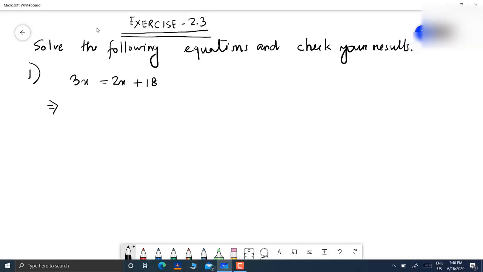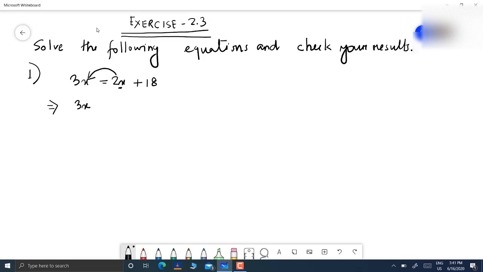So in this case, the first and foremost thing that we have to do is shift twice x to the opposite side. That means along with thrice x, we have to put twice x with a negative sign, because on the right hand side, when it was present initially, it was a positive term.